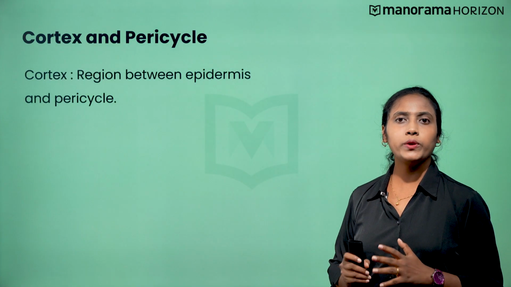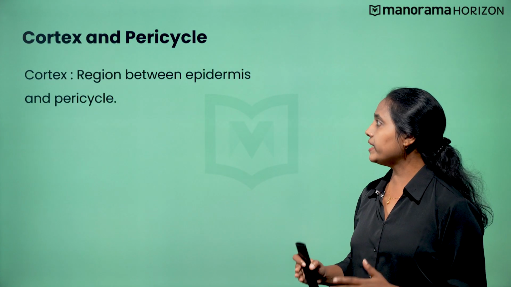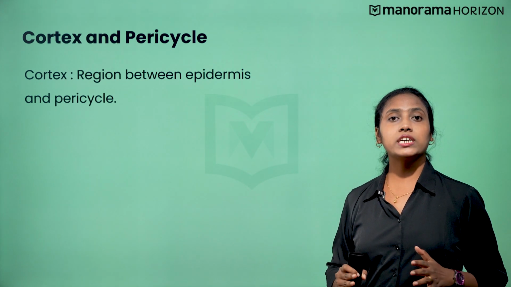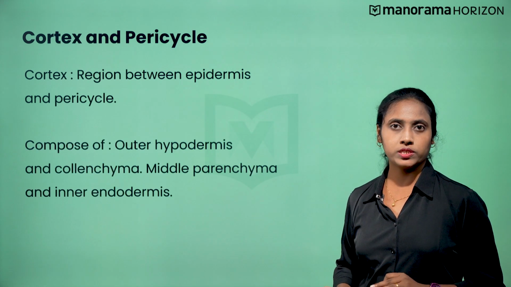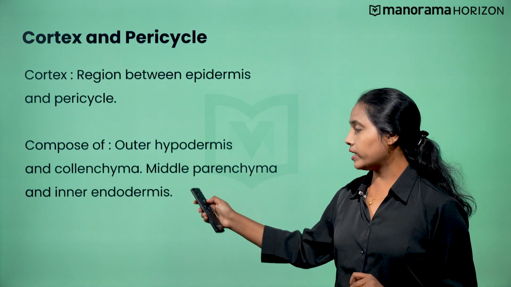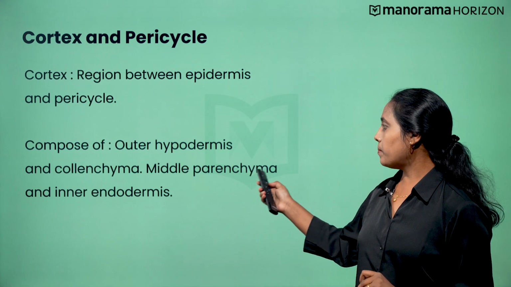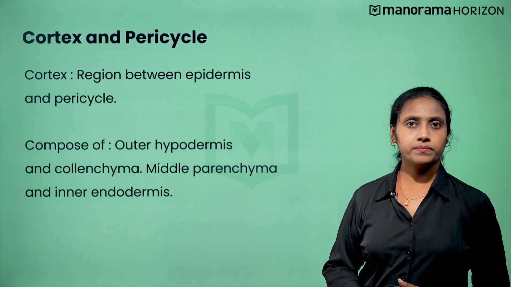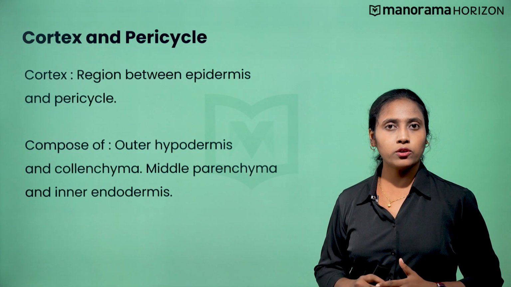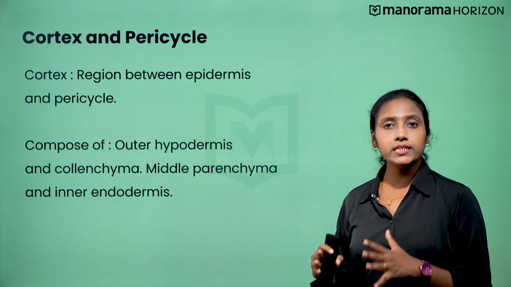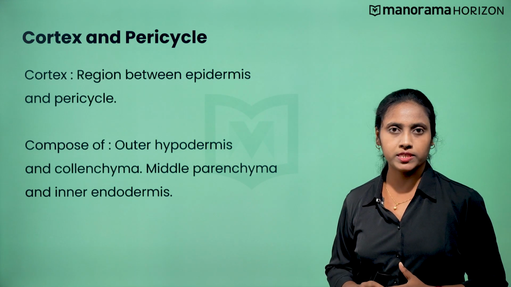We will now move on to the cortex and pericycle. The region between the epidermis and the pericycle is called the cortex, which consists of three subzones: outer hypodermis and collenchyma, middle parenchyma, and inner endodermis. The outer hypodermis and collenchymatous cells help to provide mechanical strength to the young stems.